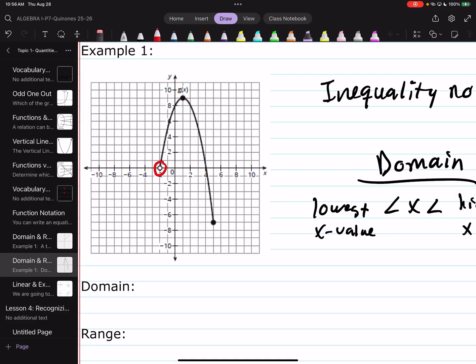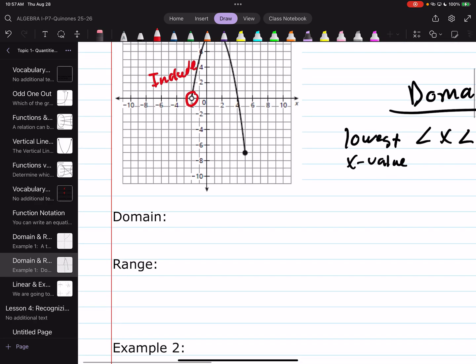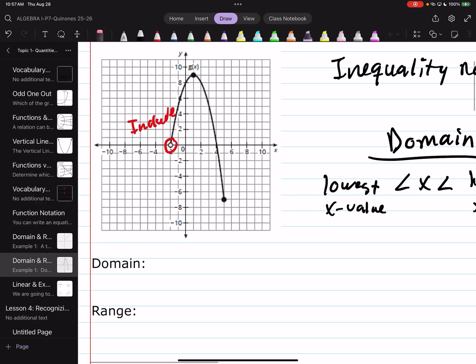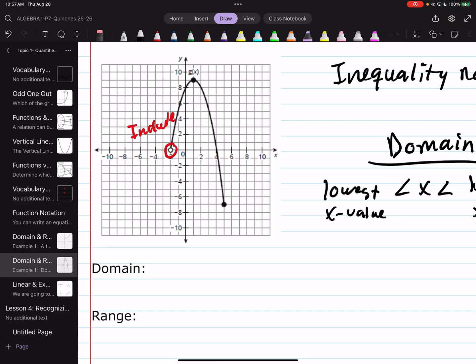That open circle means that we do not include this in our solution. We approach that value, but we will never equal that value. Okay, so what was my lowest again? How far to the left does the domain go? To -2, okay. So then my skeleton.